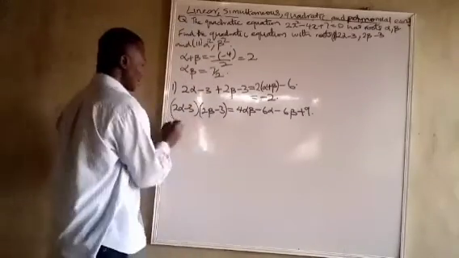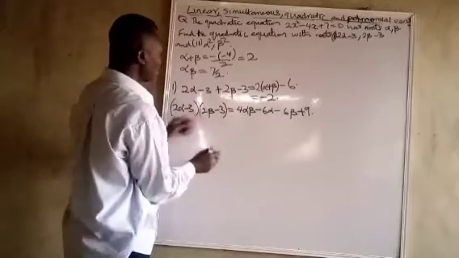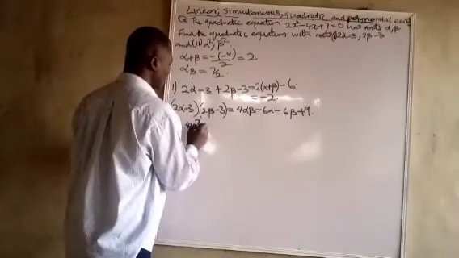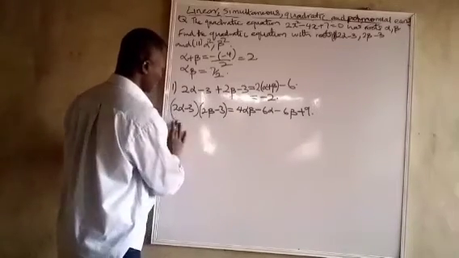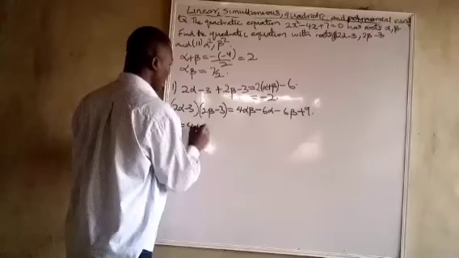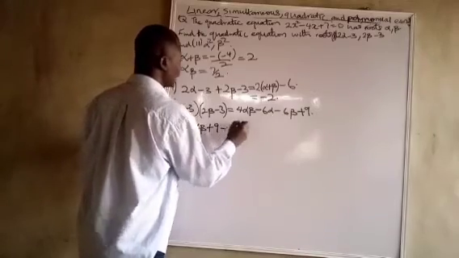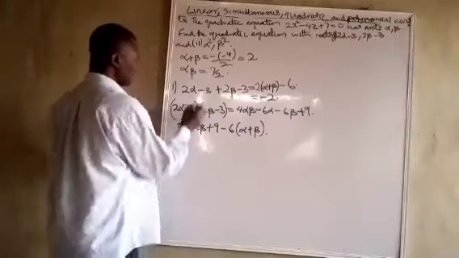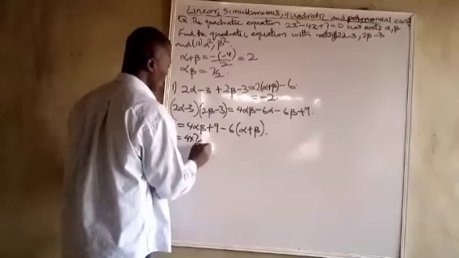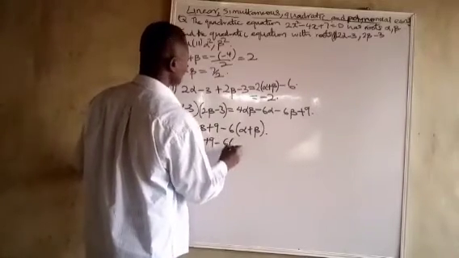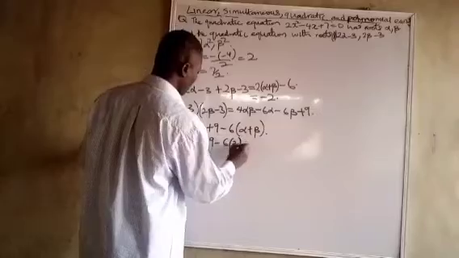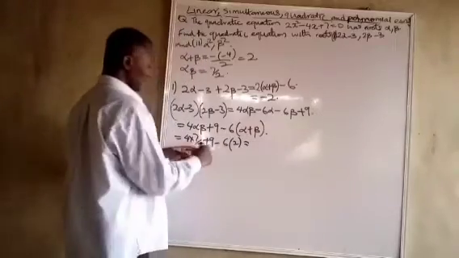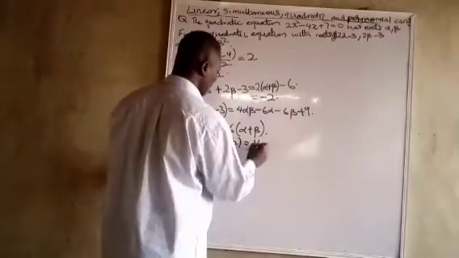I can now say it is equal to 4 alpha beta plus 9 minus 6 into alpha plus beta. So what is 4 alpha beta? That is 4 times 7 over 2, plus 9 minus 6 into 2. So this is 14 plus 9, 23, minus 12, which is 11.